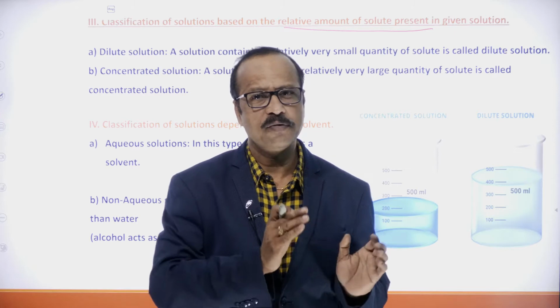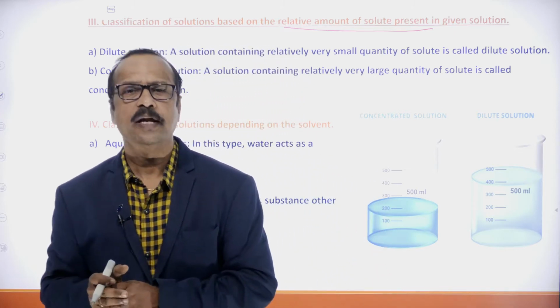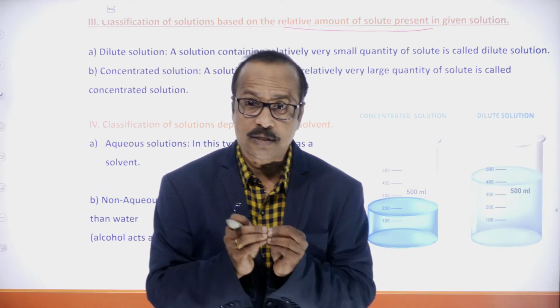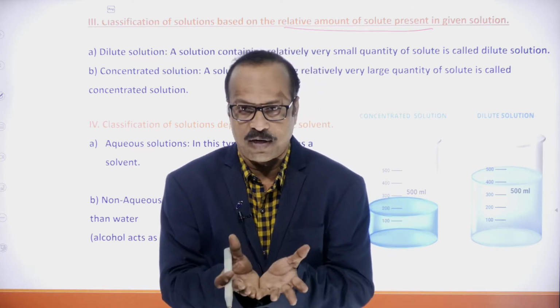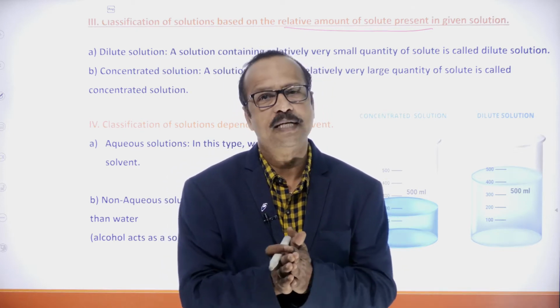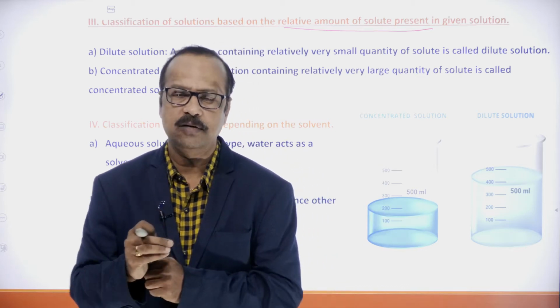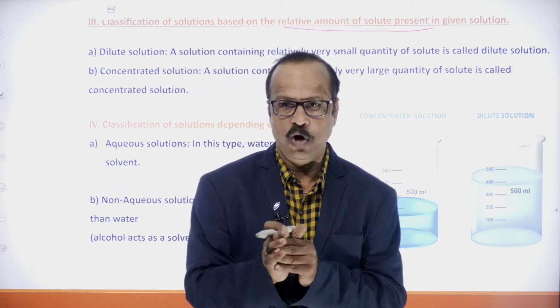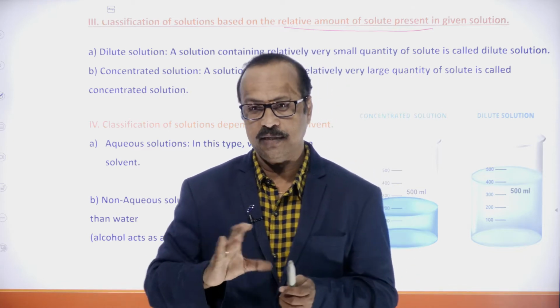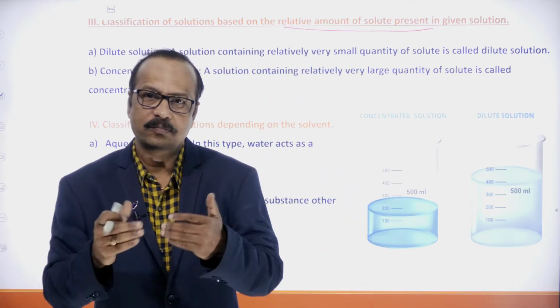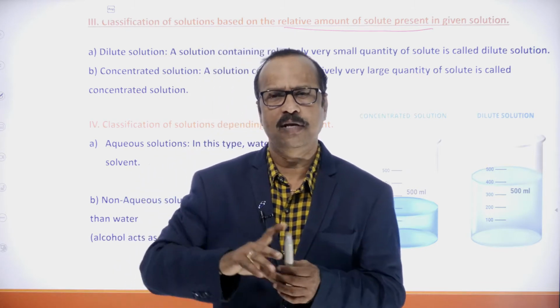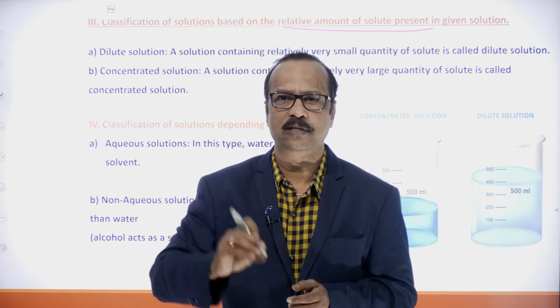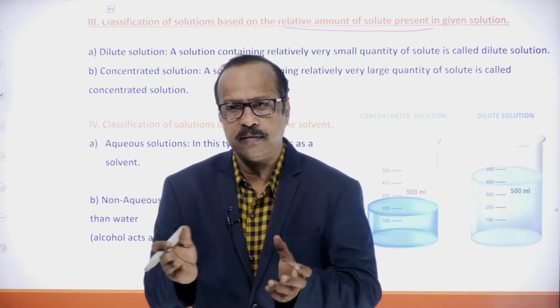Do you know what is the difference between the dilute and concentrated? Dilute means a solution in which more amount of water is present, then that is called diluted. A solution in which less amount of water is present is called concentrated, right? So concentrated sulfuric acid, concentrated hydrochloric acid are pure hydrochloric acid or pure sulfuric acid.